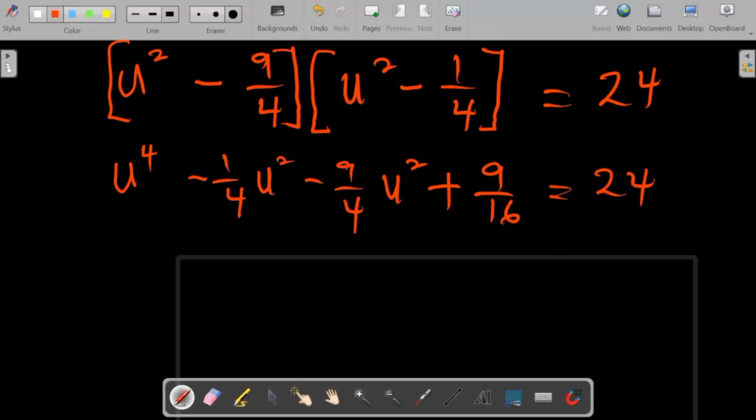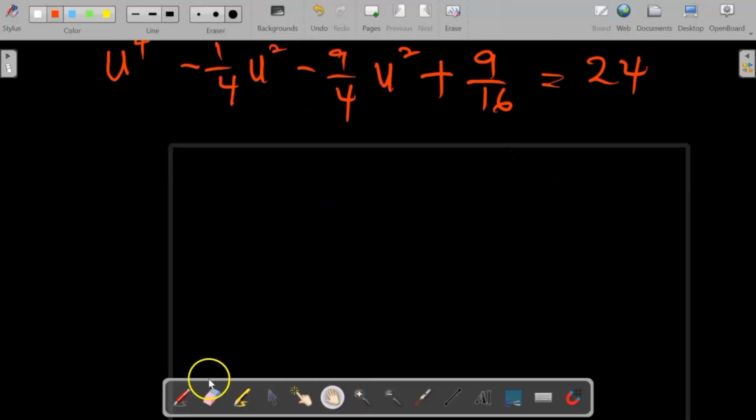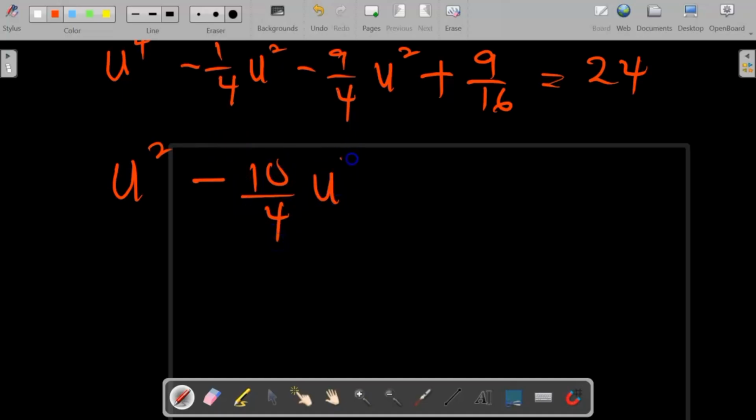Everything equal to 24. So u to the power 4, minus 1/4 u squared minus 9/4 u squared gives us minus 10/4 u squared, plus 9/16 to be equal to 24.